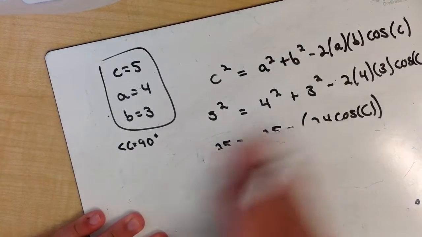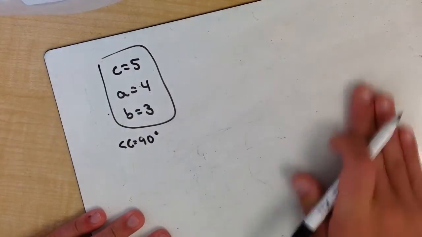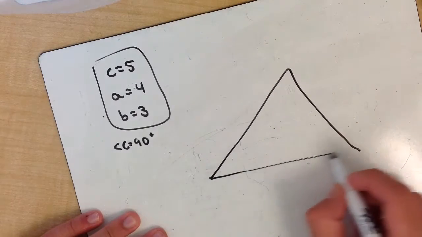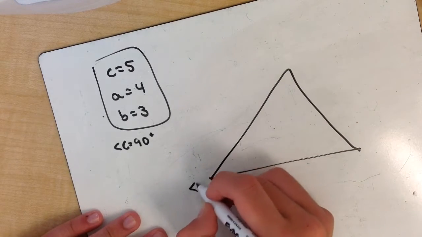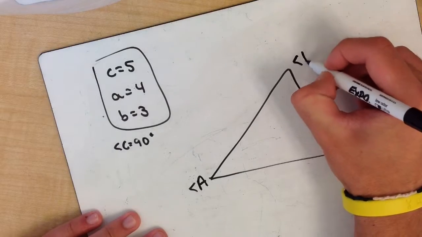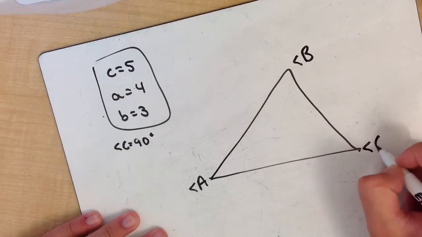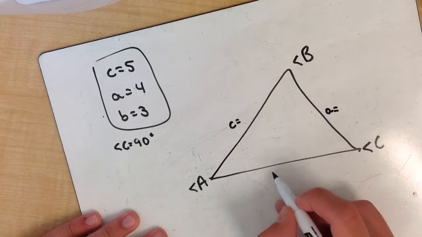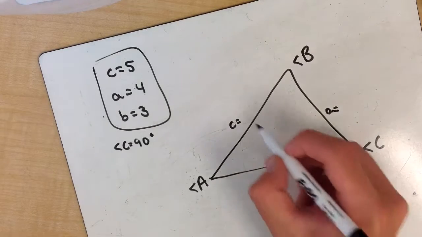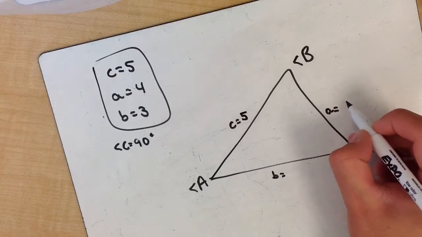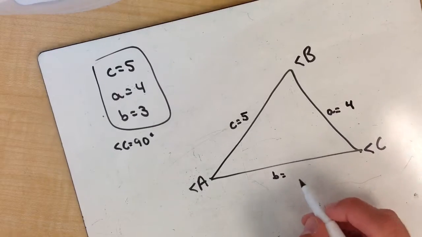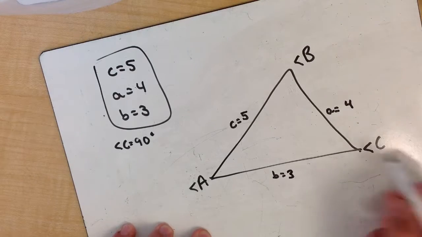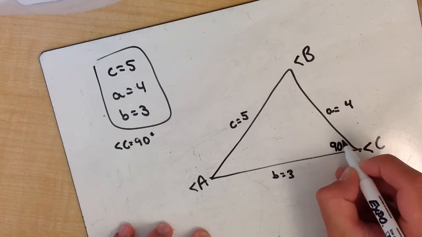Now we can redraw our triangle. We know one of the angles, which is C, so this is 90 degrees.